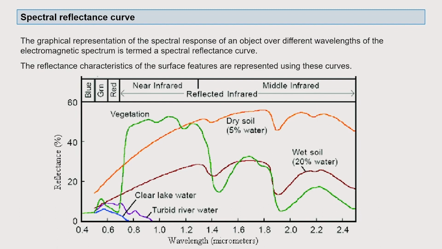Now, let us see how different types of reflectance curves we get from spectral reflectance. This particular figure or graph shows the spectral response of an object over different wavelengths of the electromagnetic spectrum, and that is known as the spectral reflectance curve.